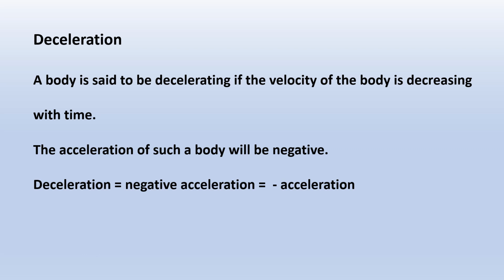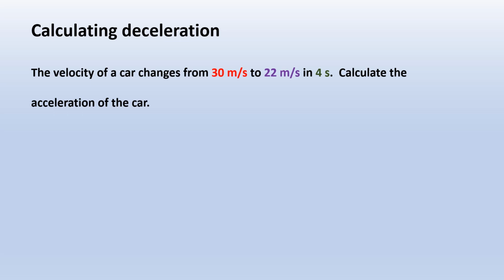So, deceleration is equal to negative acceleration. Calculating deceleration. Consider the following example. The velocity of a car changes from 30 meters per second to 22 meters per second in 4 seconds. Calculate the acceleration of the car.